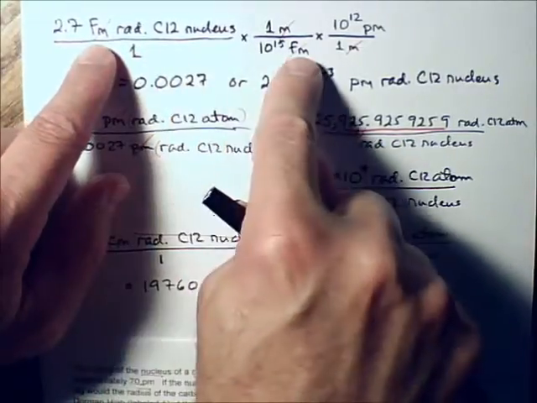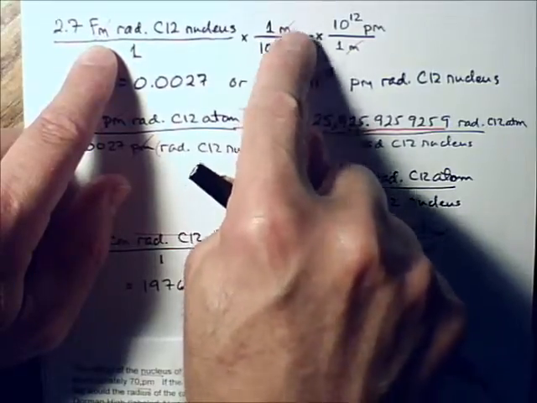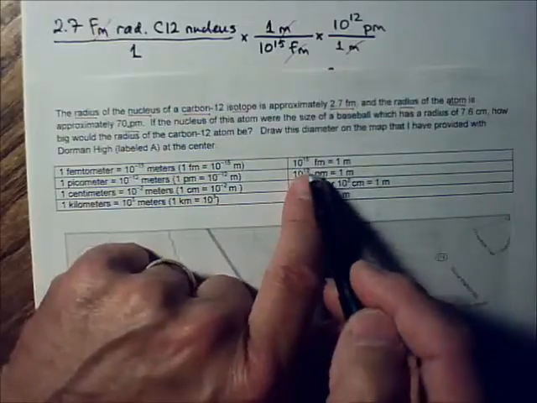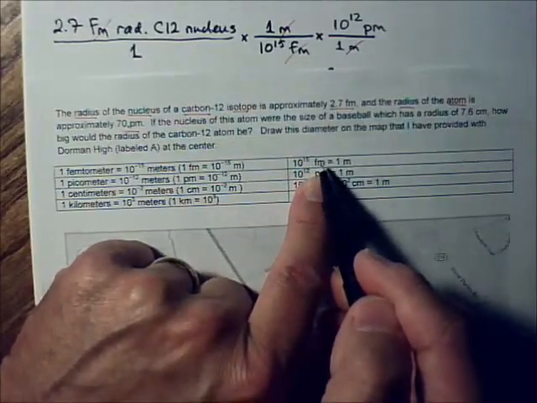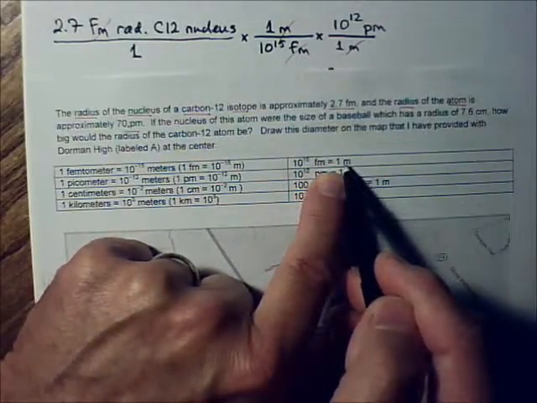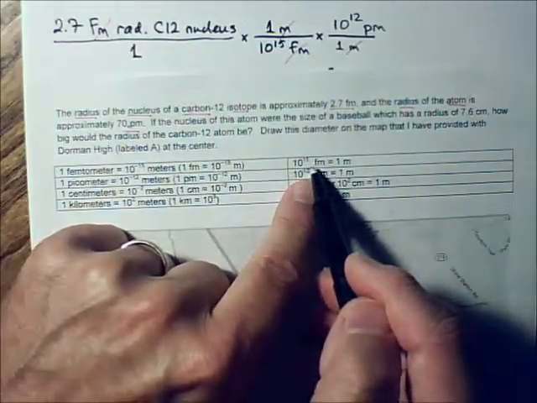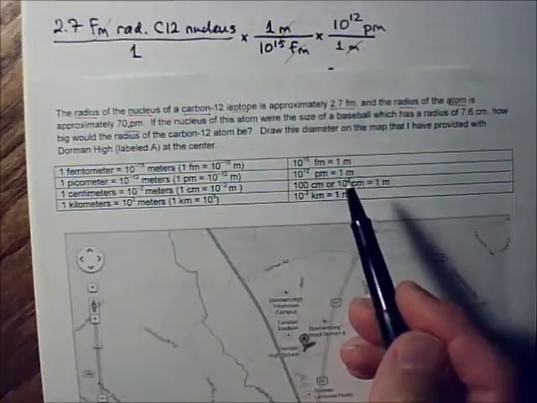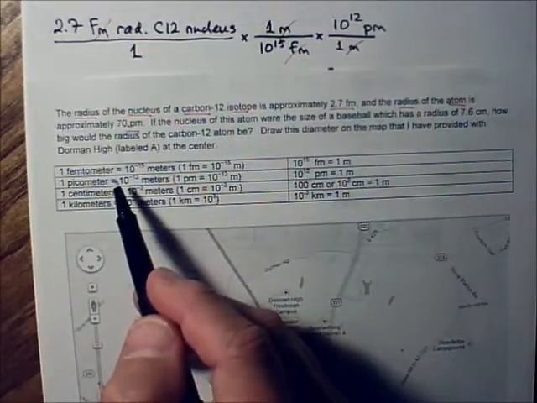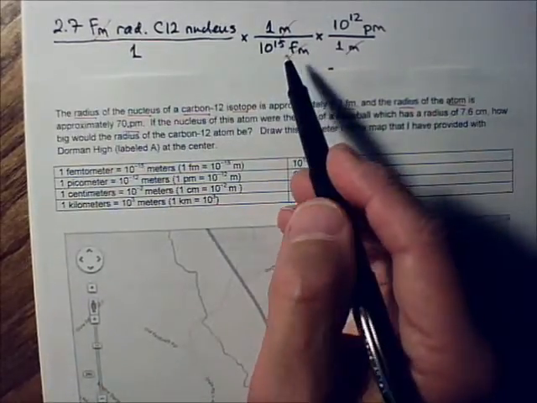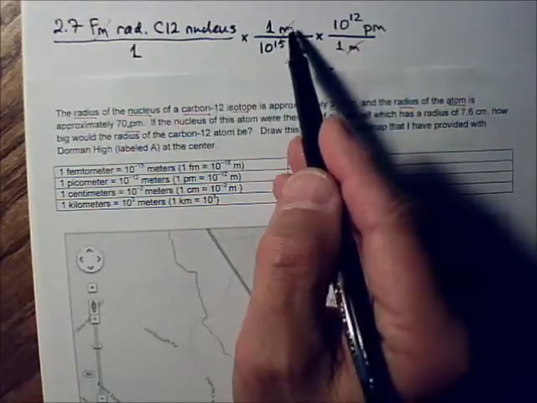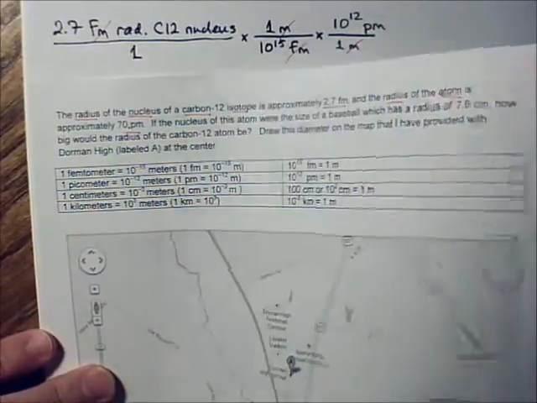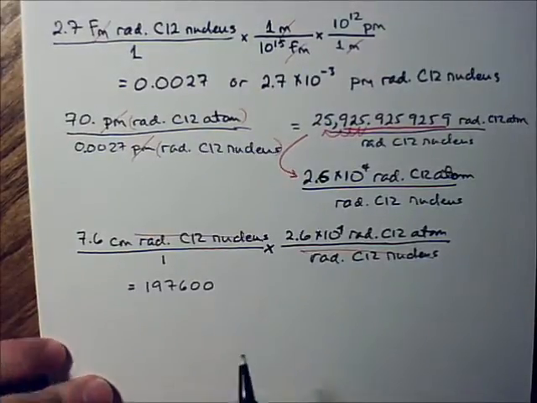And then the top of the fraction is the other side of your equality statement from here. Here's an equality statement that says that there are 10 to the 15th femtometers in a meter. These conversion units come from equality statements, right? Why didn't you use the 1 centimeter? I could have, sure. I could have put 1 femtometer up here and 10 to the negative 15 meters up here. That would have worked too. They both work. All right.